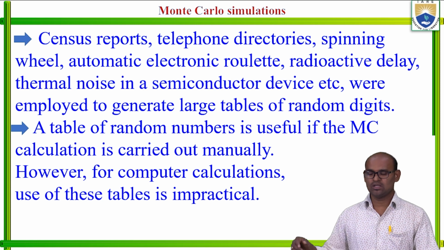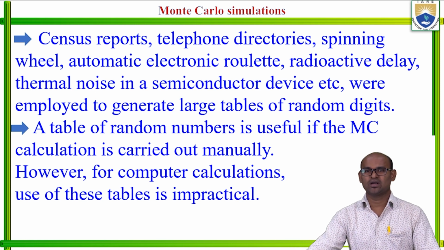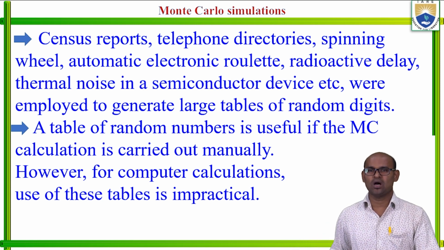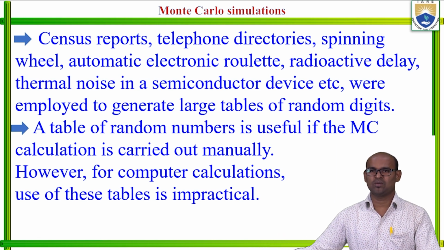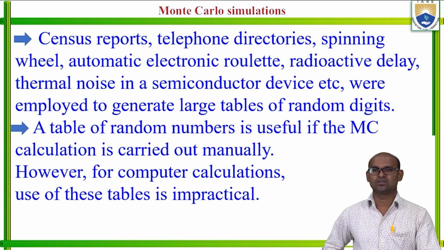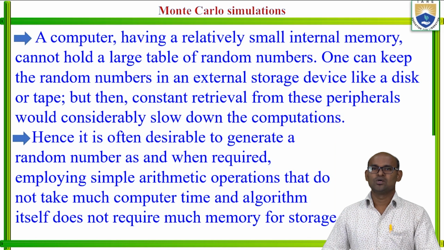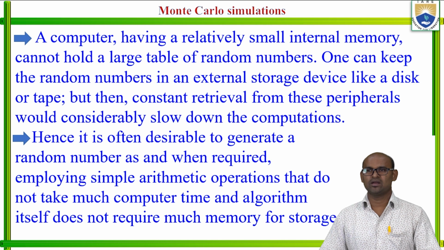If we are going to run a simulation on a computer, we need to store all these tables of random numbers on the computer. Storing a large sequence of random numbers on a computer is impractical, or very difficult. To store this large sequence of truly random numbers generated by a random physical process, we need a computer having a relatively large internal memory.